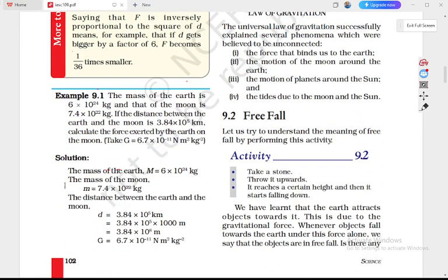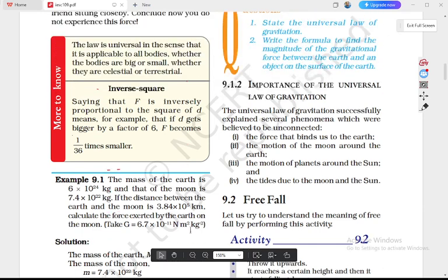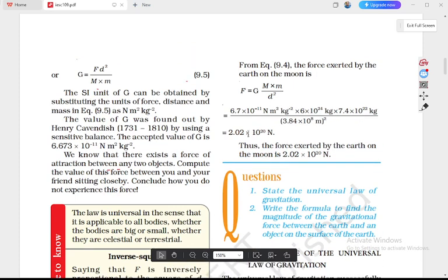The mass of the earth is 6 × 10 to the 24 kg. Mass of the moon is 7.4 × 10 to the 22 kg. The distance between the earth and the moon is given as 3.84 × 10 to the 8 meter, and G is 6.7 × 10 to the minus 11 Newton meter square per kg square. Therefore, we find the value of F as capital G, capital M, small m by d square.